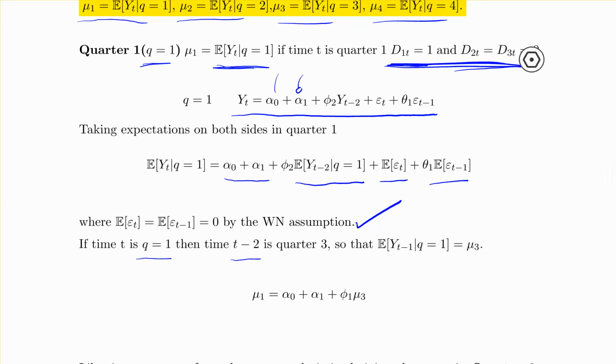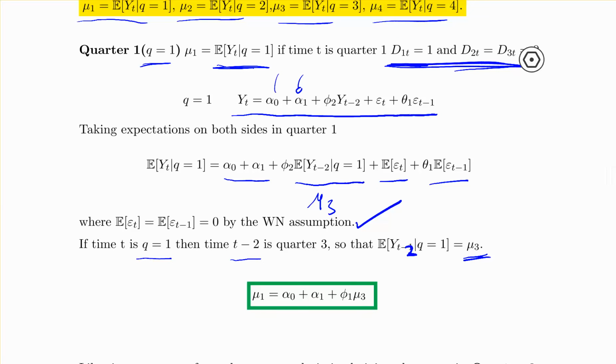Well, 1 period back would have been quarter 4, and 2 periods back would have been quarter 3. Sorry, there should be a 2 here. So the average value of yt minus 2, given that t is a quarter 1, is just the average in period 3. So we can just plug mu3 into here, and we have an equation which the mean in quarter 1 and the mean in quarter 3 must satisfy.